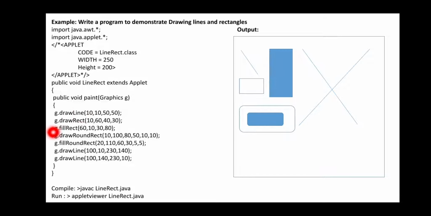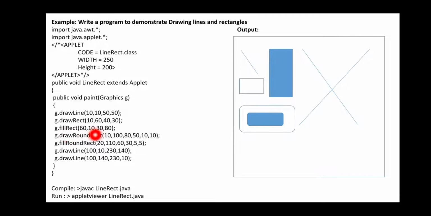Then g.drawRect(10, 60, 40, 30). Draw rectangle means you have a transparent rectangle here, starting at 10, 60, with width 40 and height 30.